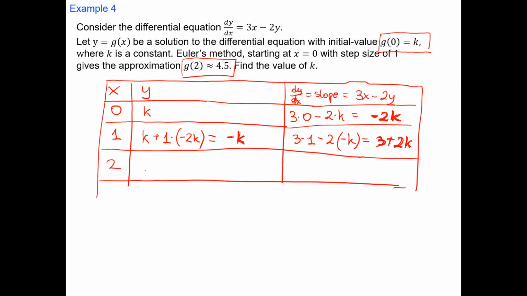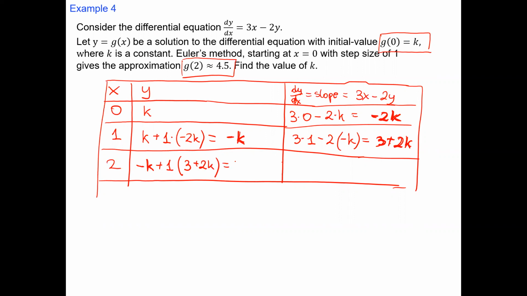To get the y value, which corresponds to the x2, we have to take the one value in front, which is negative k, plus step size, which is 1, times the previous slope. 3 plus 2k.